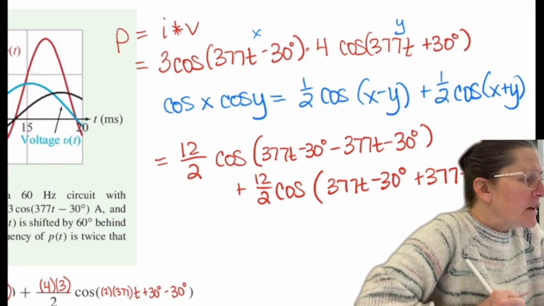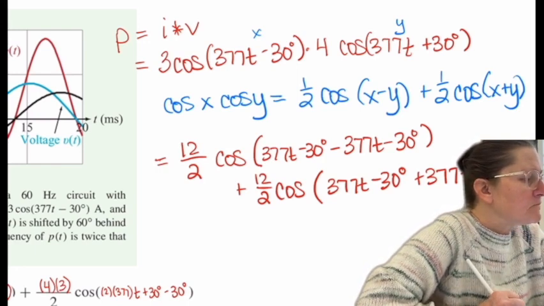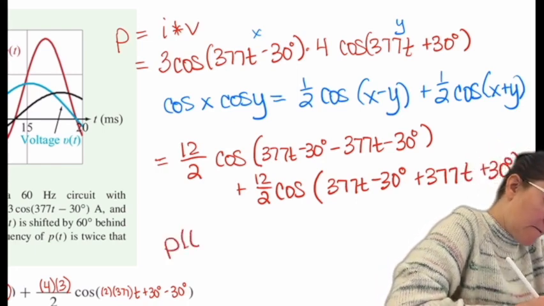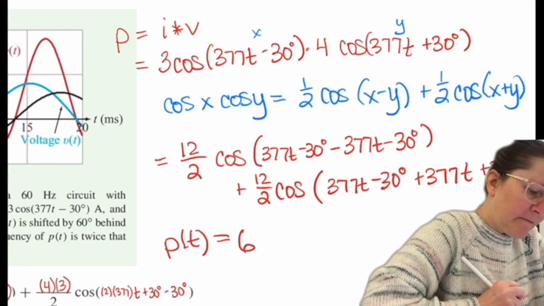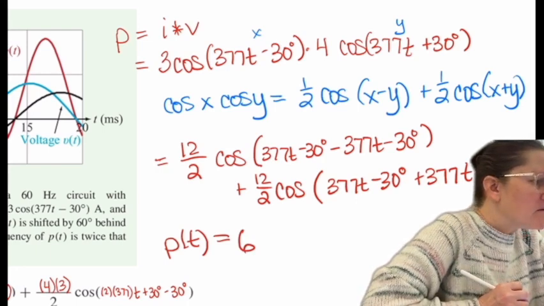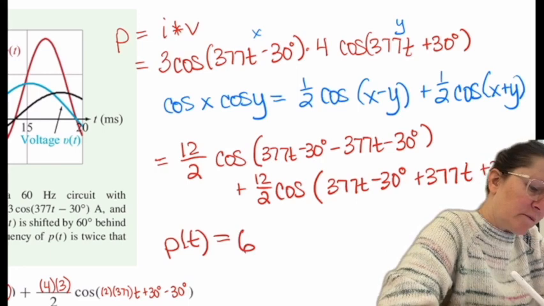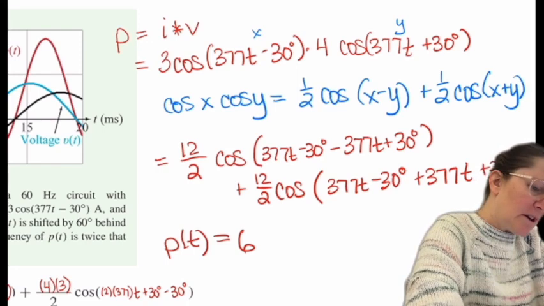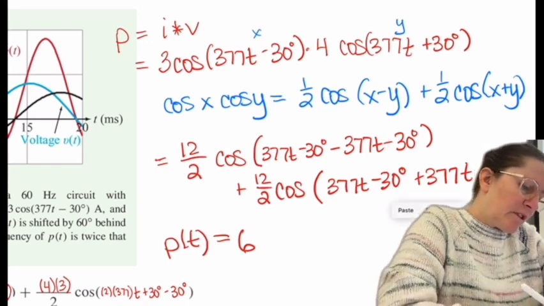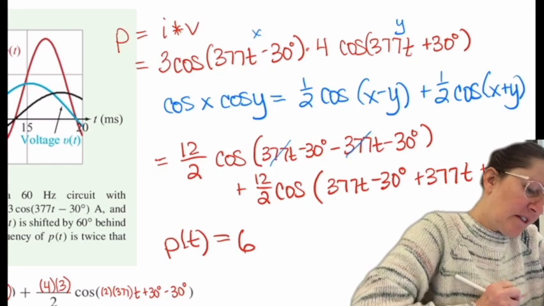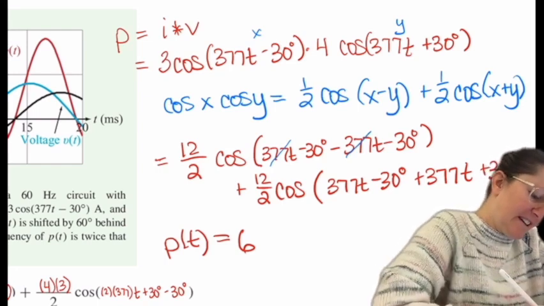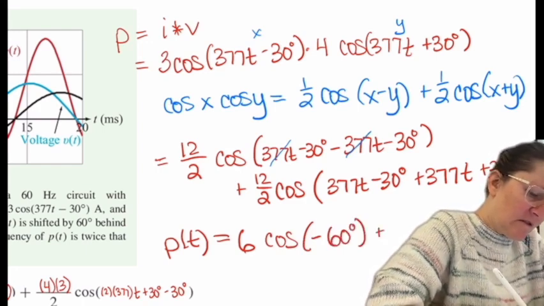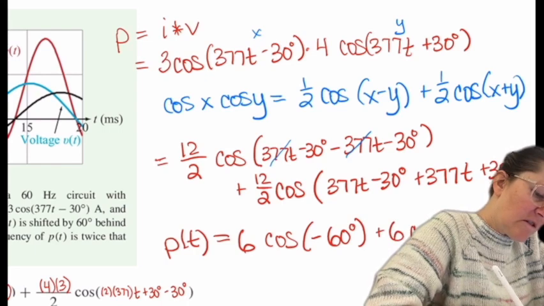So the 377's cancel out in the first one and the 30 degrees cancels out in the second one. Oh, sorry, this is a plus there, because, wait, no, I was right. Yeah, you're right. So, 6 times cosine of negative 60 degrees. And then 6 cosine of whatever 377 times 2 is, 2t.